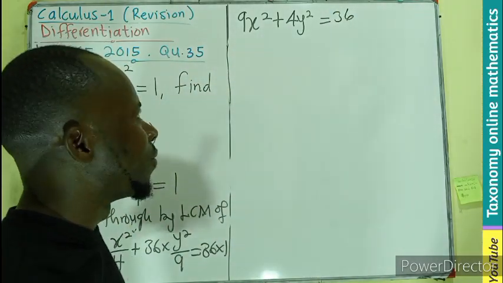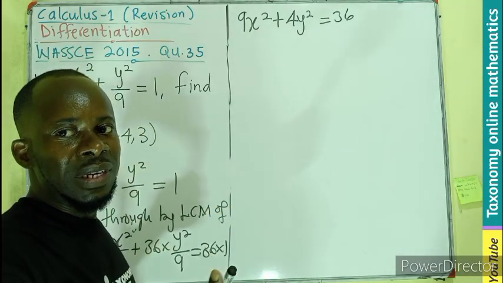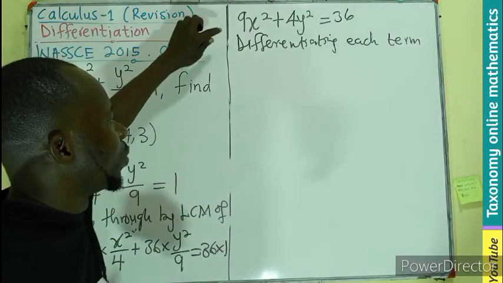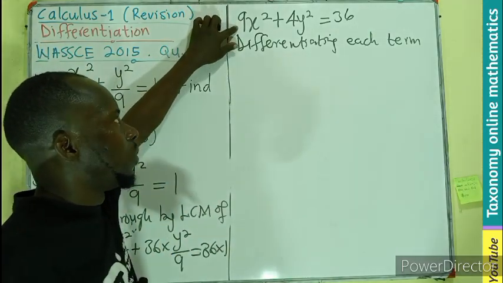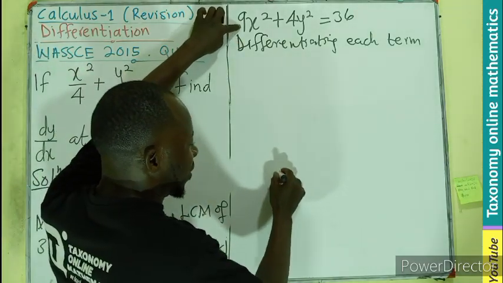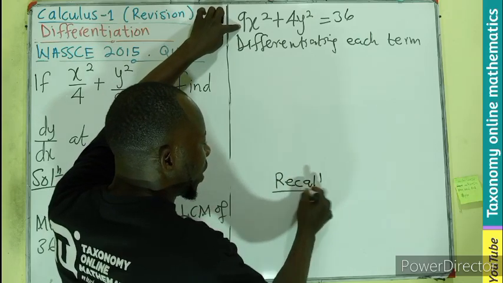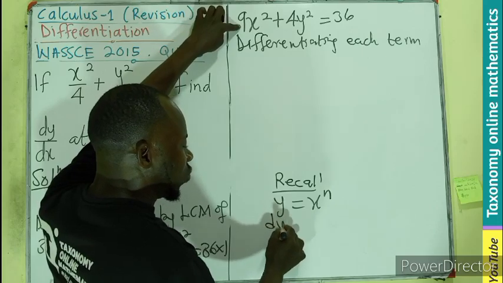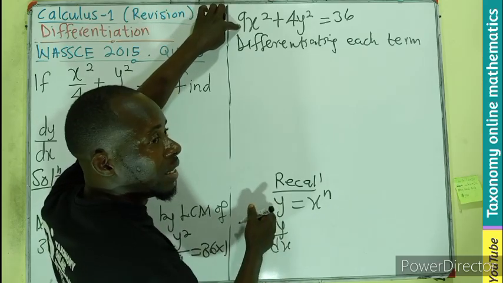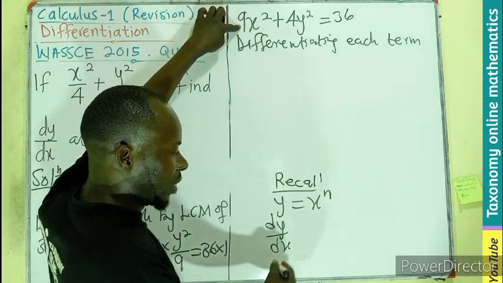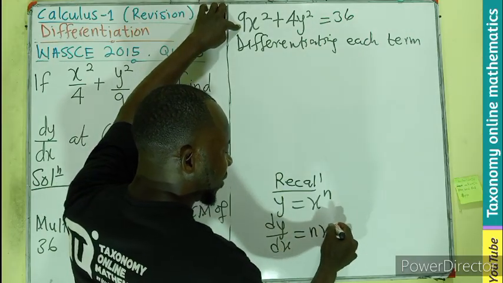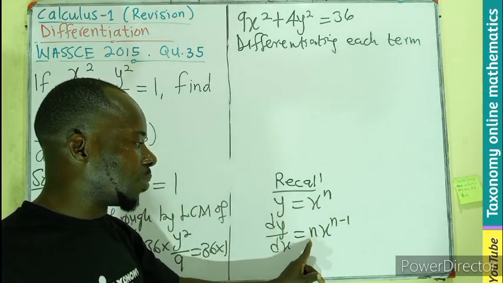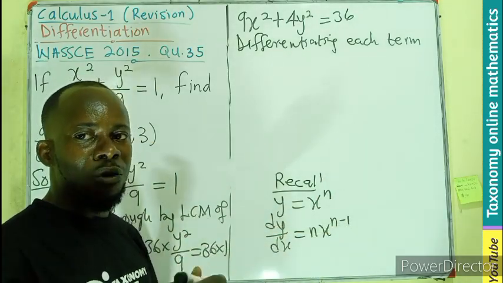So now I am going to perform differentiation on each individual term. Differentiating each term with respect to x, we recall that if y equals x exponent n, and you differentiate y with respect to x, you'll be having n x exponent n minus 1, as in using the power to multiply, then we subtract 1 from the power.